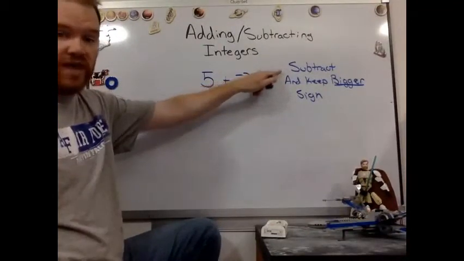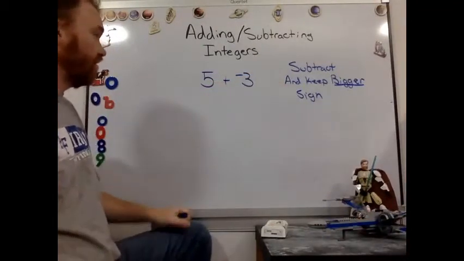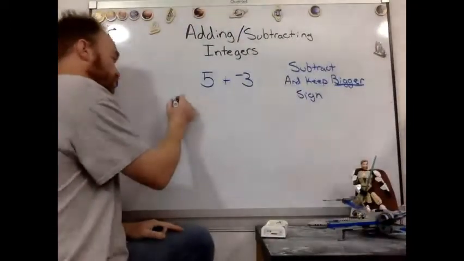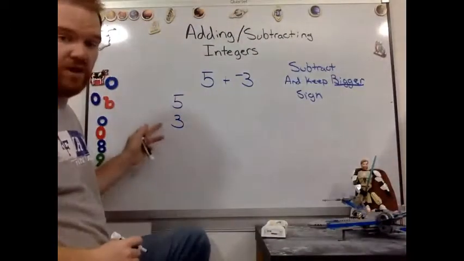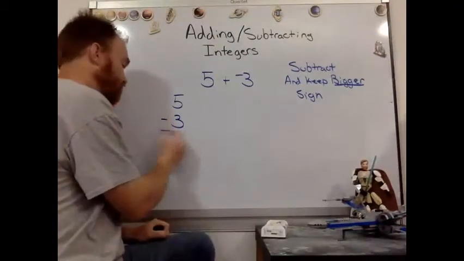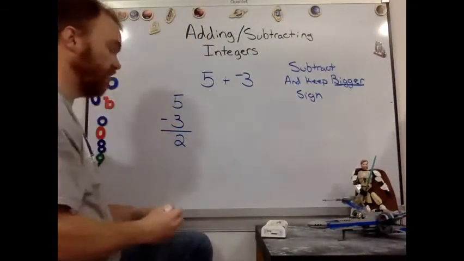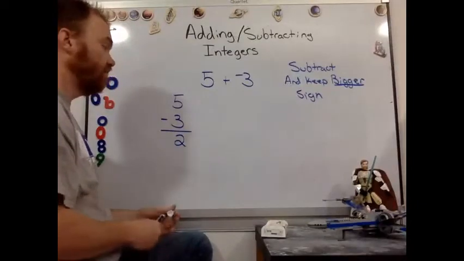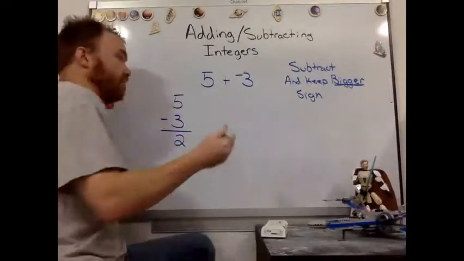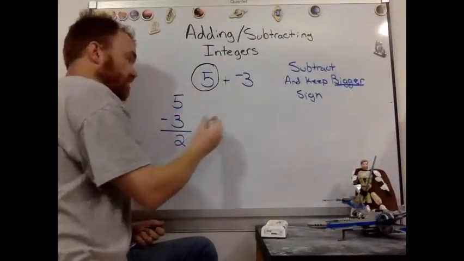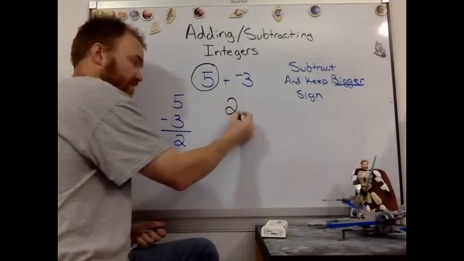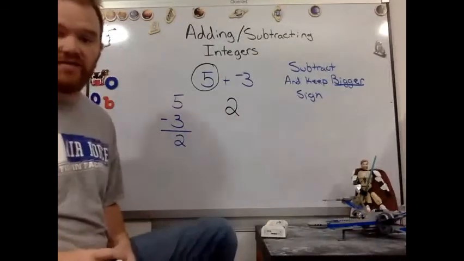I'm going to subtract and keep bigger sign. We're always going to be subtracting bigger from smaller. 5 minus 3 again is 2. But in this case, my negative is not bigger. 5 is bigger and it's positive. So in this case, we're going to have positive 2 as my answer.